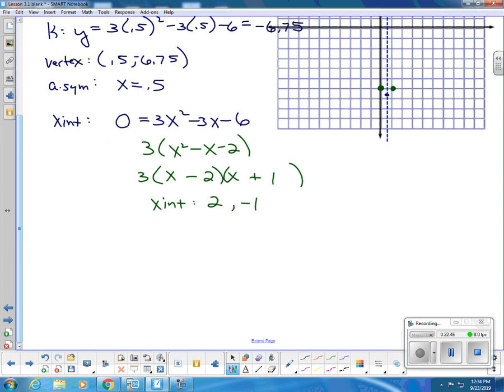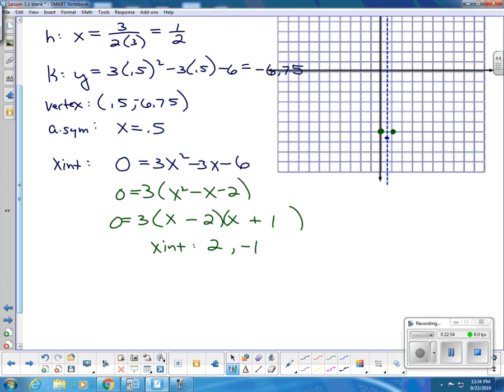You set the factors that have an x with it, equal to 0. Good? Remember doing all this last year? Vaguely? All right.